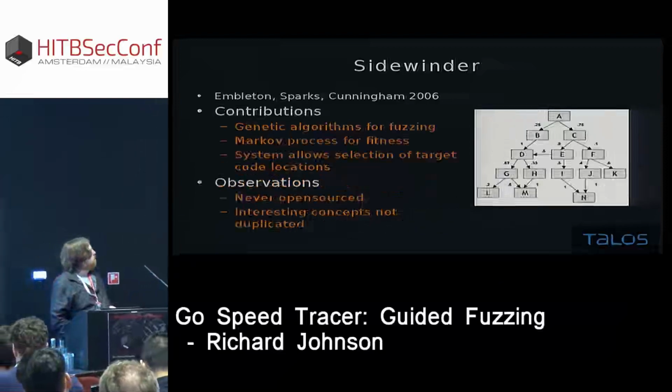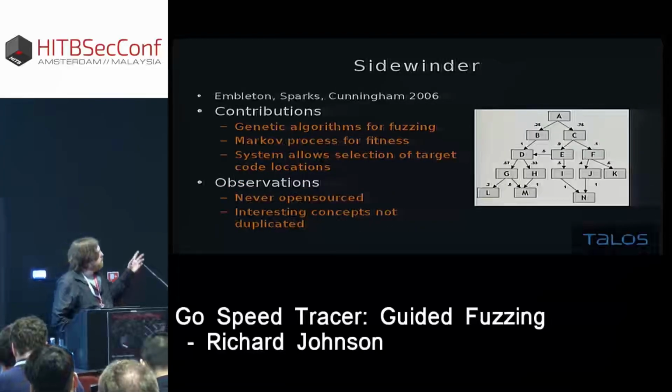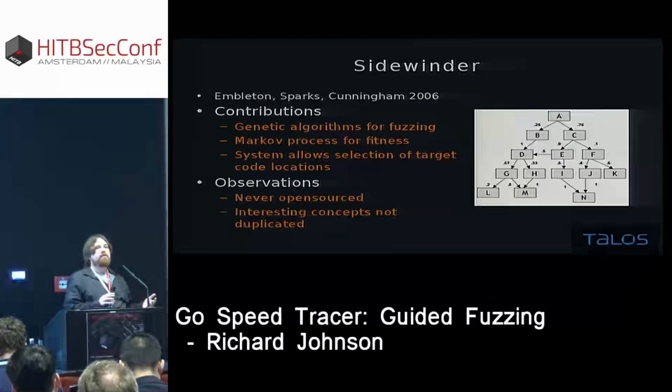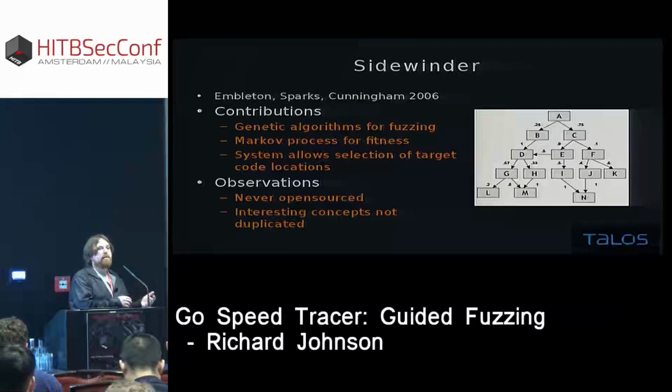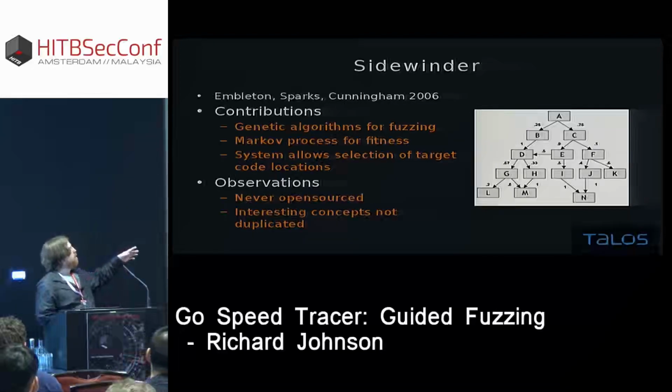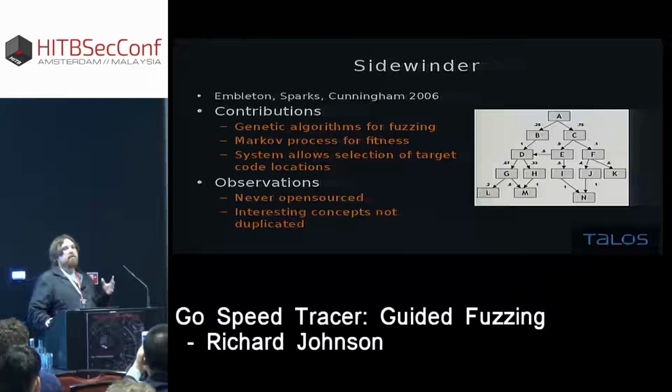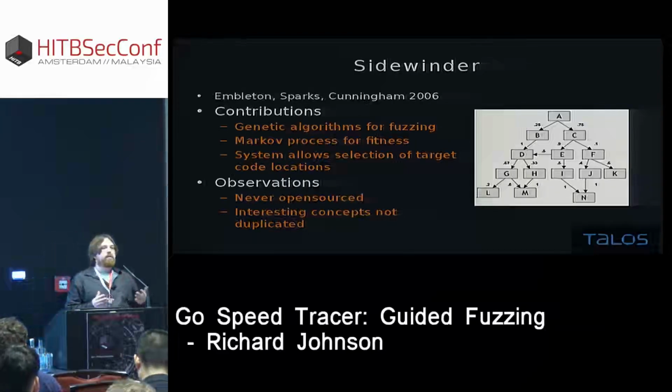And then their evaluation algorithm is this Markov process, which essentially allows you to evolve weighted decisions. Whether or not you'll go down certain paths, or whether or not you are more likely to keep an input that went down certain paths, is based upon an over time evaluation of all inputs seen. And so cheaply creating a log of where all these inputs have been is actually not an easy thing to design.